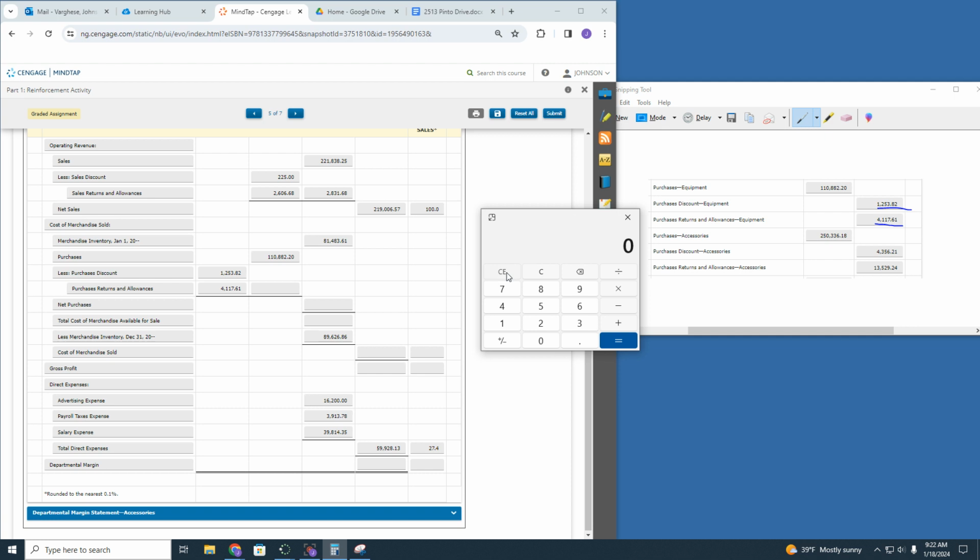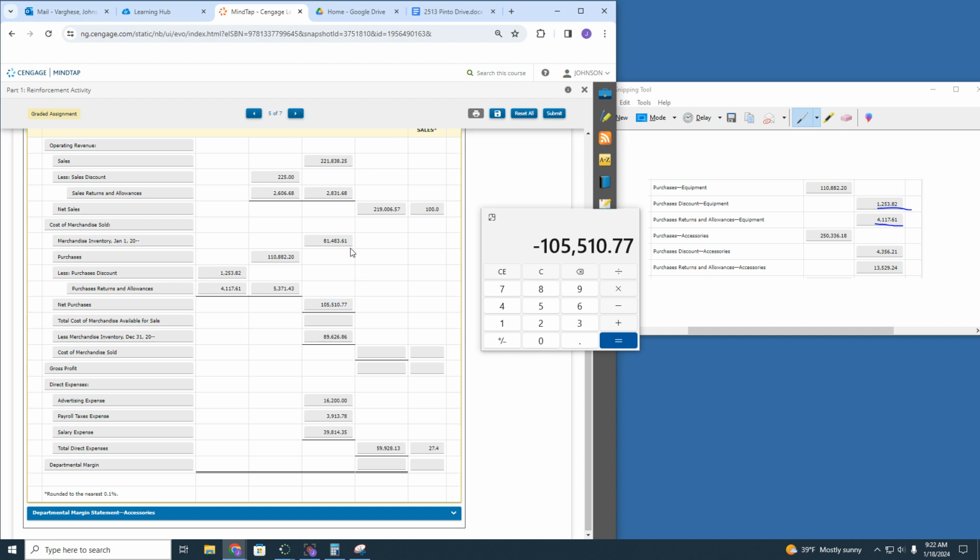And so I'm going to add those two together, and I get $5,371.43 as my contra to purchases. So then I can solve for my net purchases, which is 105,510.77.